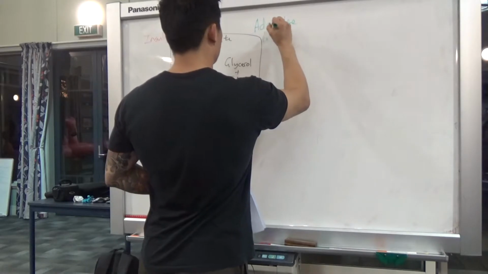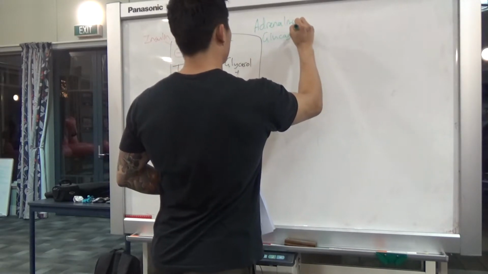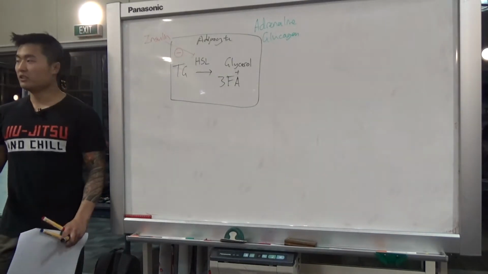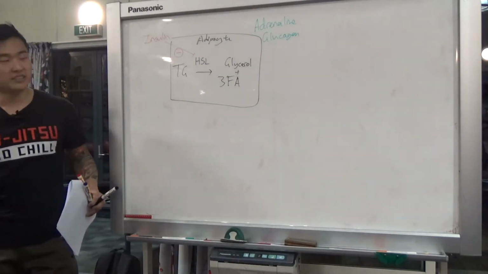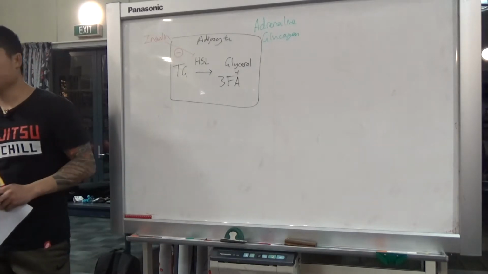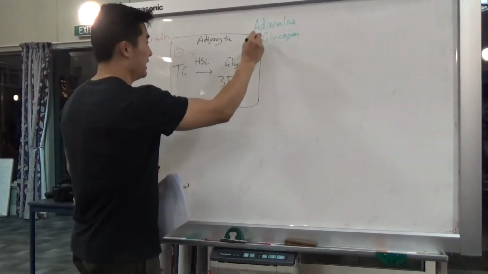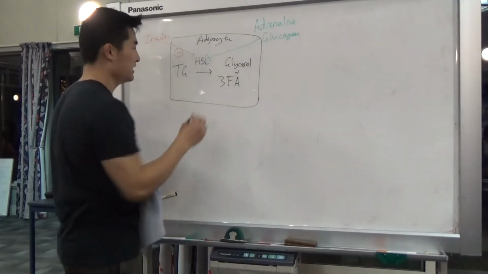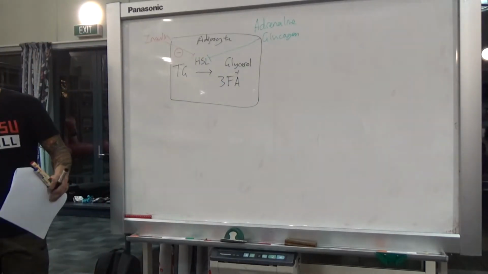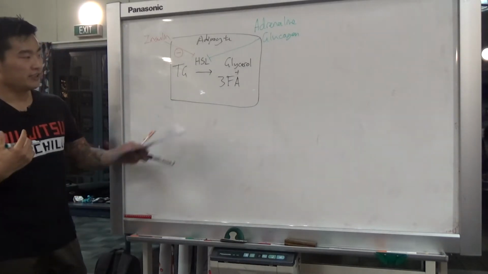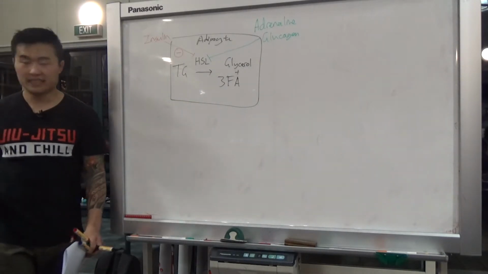Okay. But on the other hand, we've got adrenaline, and we've also got glucagon. So glucagon is released when blood sugar is low. So if there's not a lot of sugar around, we need to have an alternative source of energy. So then glucagon will tell hormone-sensitive lipase, we haven't got a lot of glucose, so can you start working a bit harder, so that we can use the fatty acids for energy.